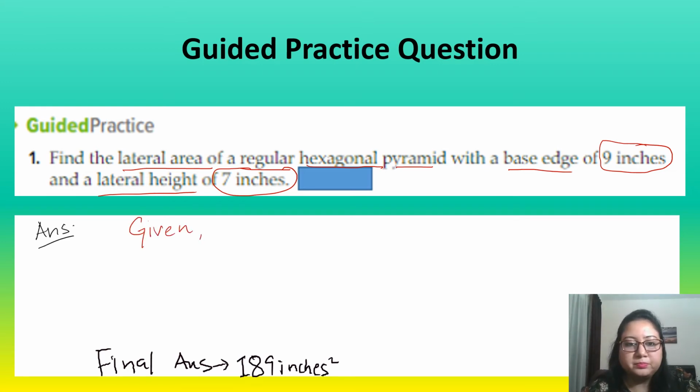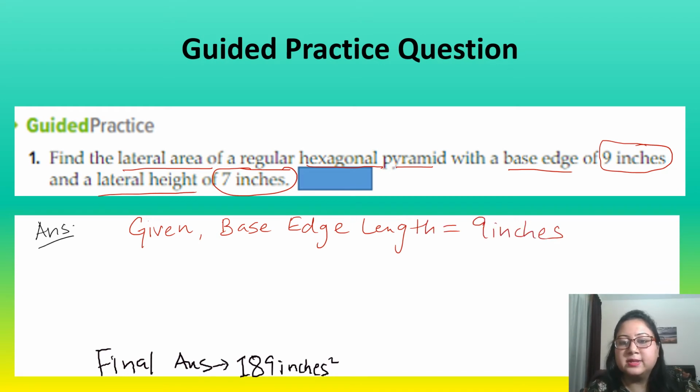So, given base edge length is 9 inches. This base edge length would help you to find the perimeter of this special kind of pyramid, which is a regular hexagonal pyramid.